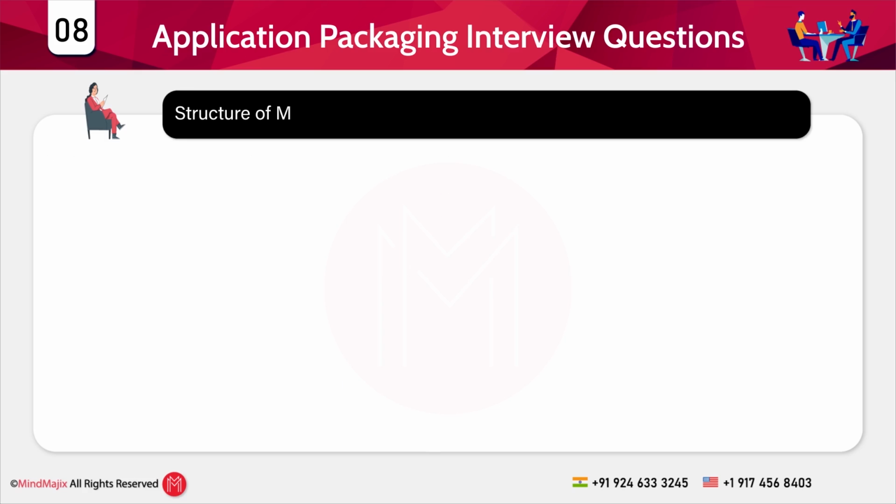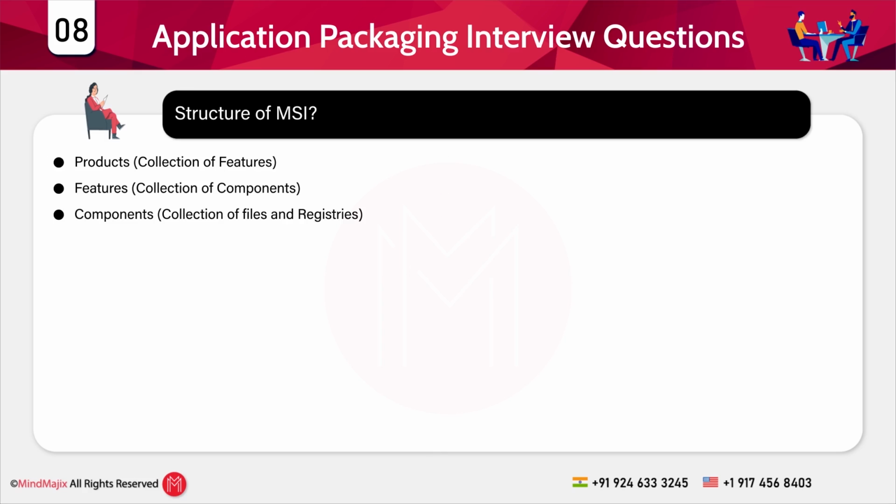Then the structure of MSI. The structure of MSI starts with the product. For example, take the Microsoft Office application. It will have features: for Microsoft Office we have Excel, Visio, PowerPoint, WinWord, OneNote. These are all the features.